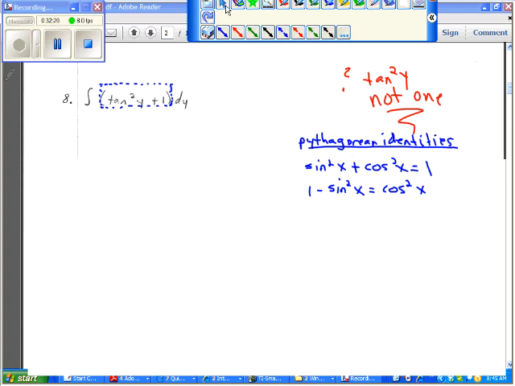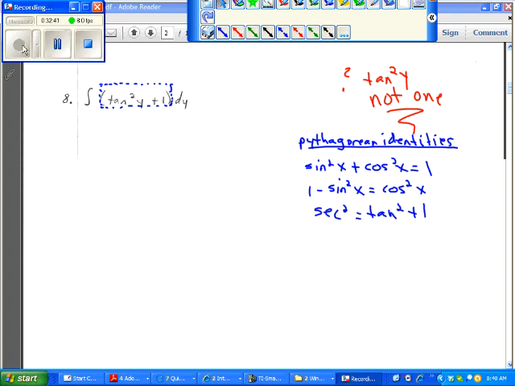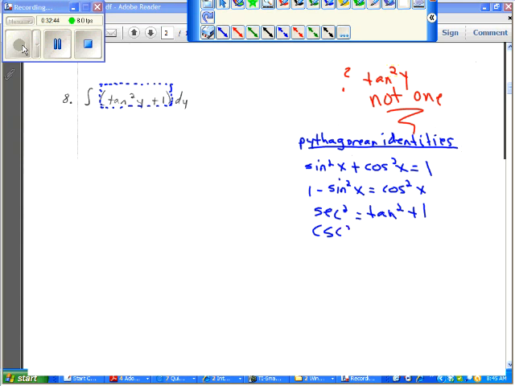Do you remember the identity that involves tangent square? Secant square is equal to tangent square plus 1.